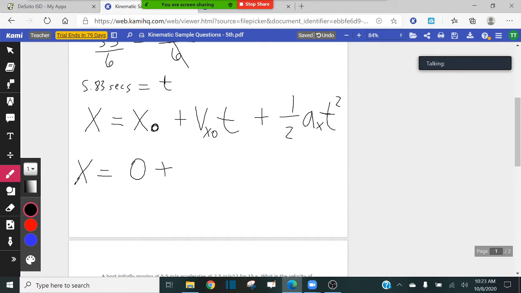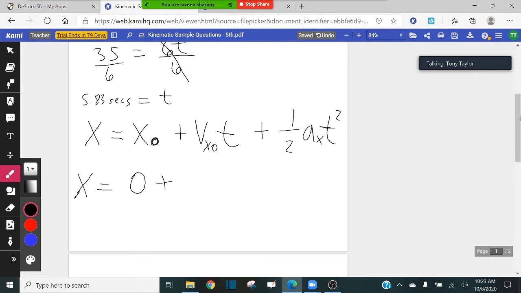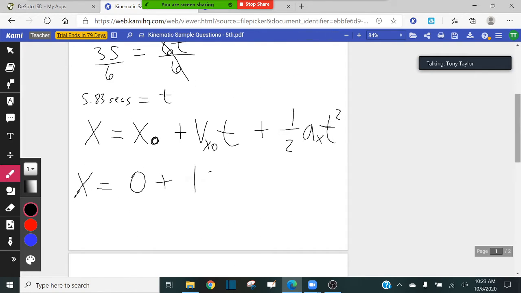So what about the initial velocity in the x direction? Again, this little 0 symbol represents your initial conditions. Remember we're told in the problem the initial velocity of the airplane is 15 meters per second.